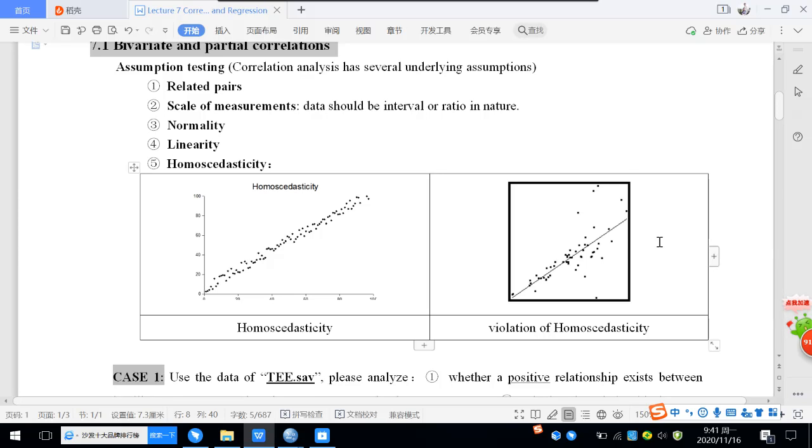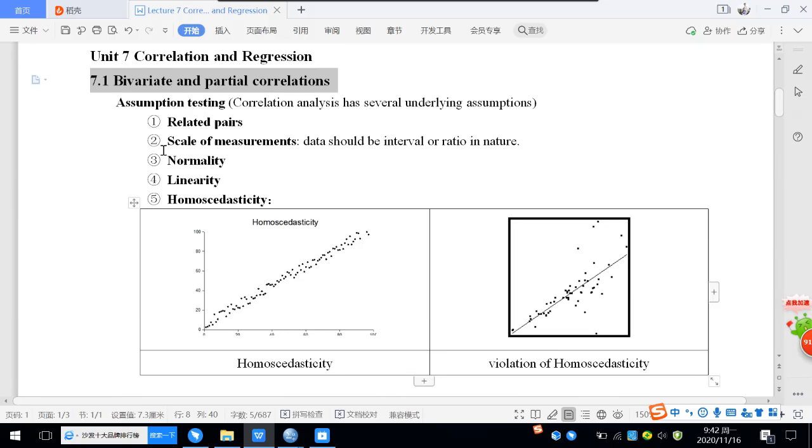In fact, it is equal variance. So for bivariate correlation, these 5 conditions are required.